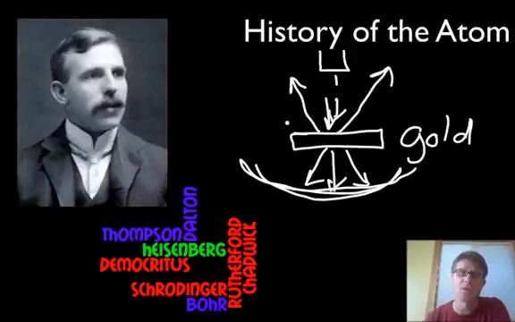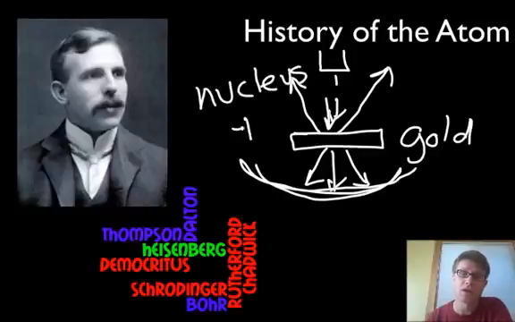And when it came shooting right back, it kind of freaked out Rutherford. Rutherford said it was like shooting a giant shell or bullet at a piece of tissue paper, and occasionally one of those bullets comes flying back at you. So what he had discovered was the nucleus. And he knew that it had a positive charge because those positive alpha particles were being shot back. So he discovered the nucleus.